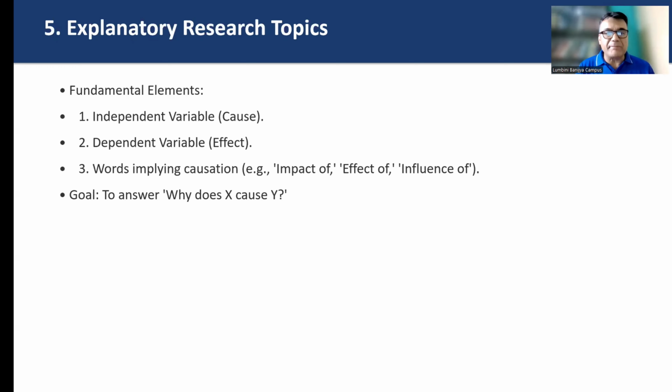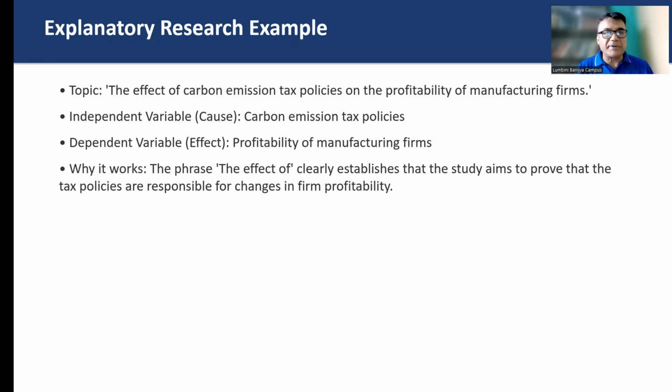In your research topic you can use words implying causation, like the impact of, effect of, influence of. And the goal for this type of topic is to answer why does X variable cause Y variable.